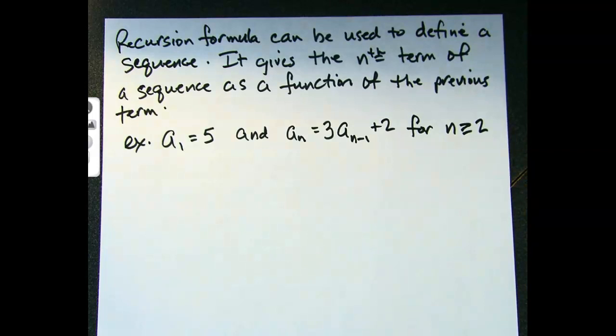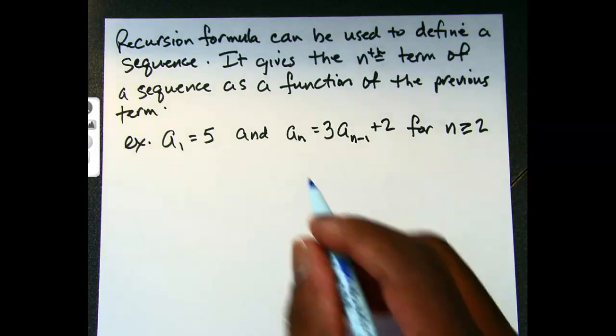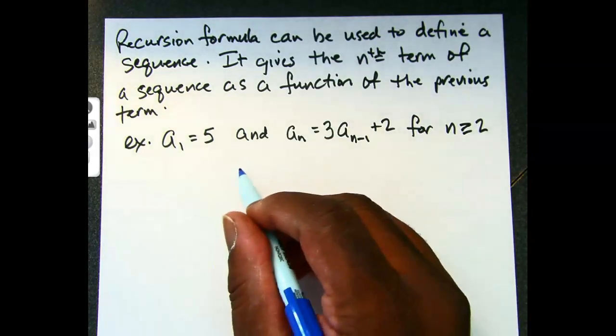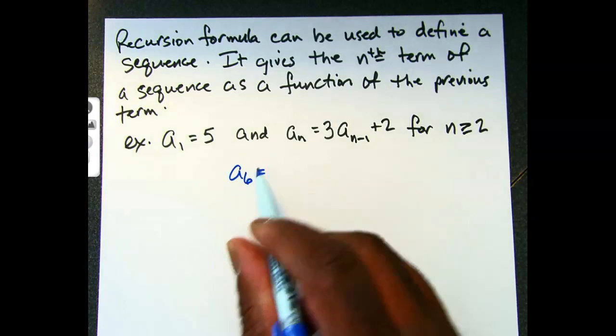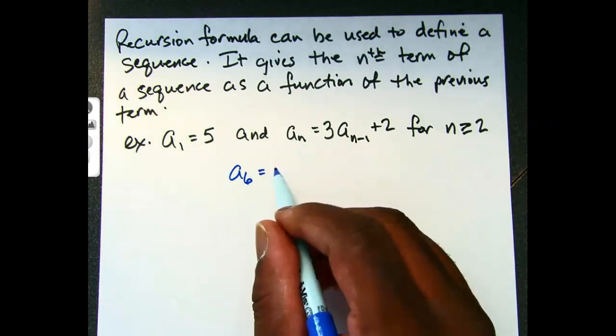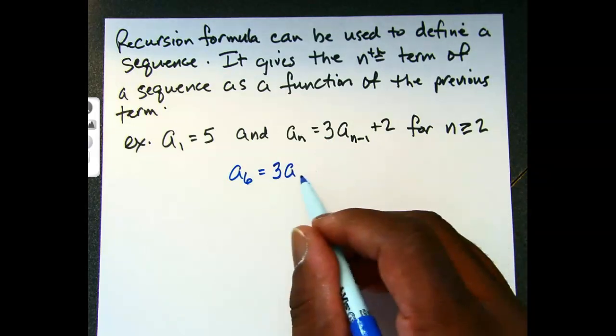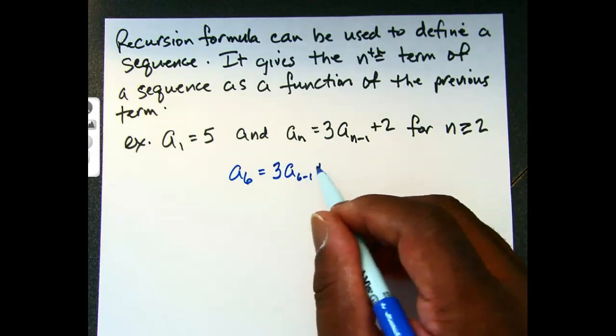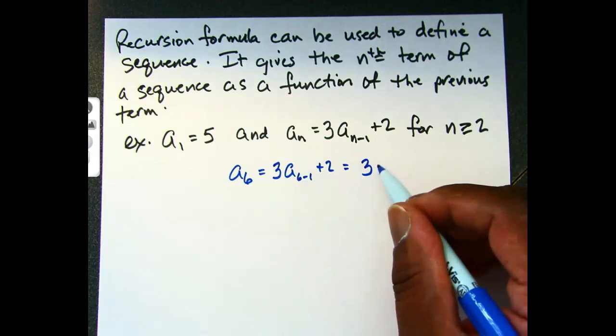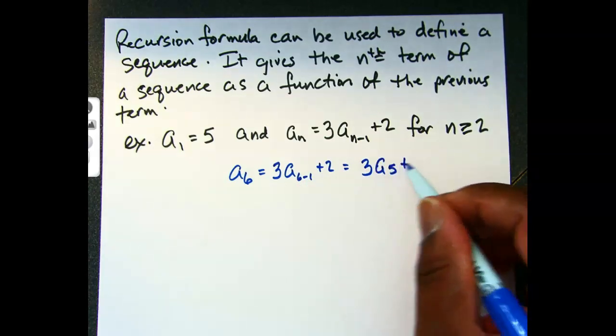Now there are limitations to this. We're given a sub 1 is 5. Let's say we wanted to find a sub 6. Well, a sub 6 will be 3 times a sub 6 minus 1 plus 2, which is 3 times a sub 5 plus 2.